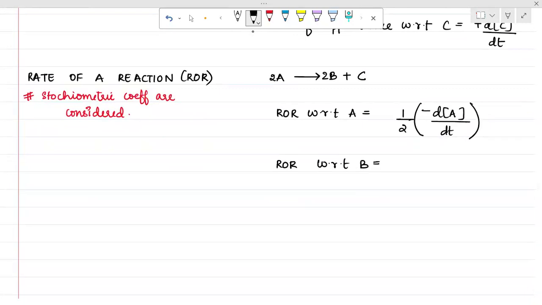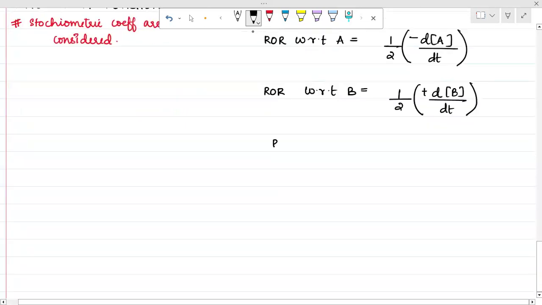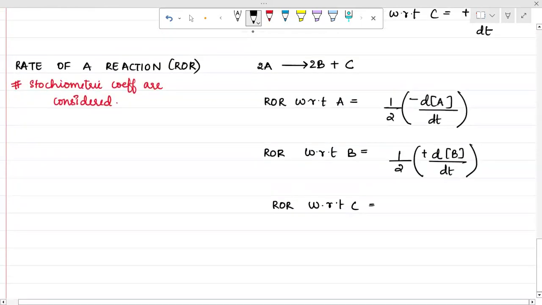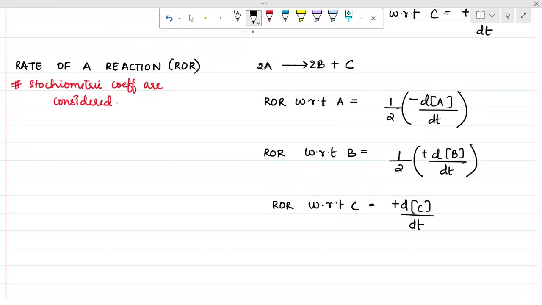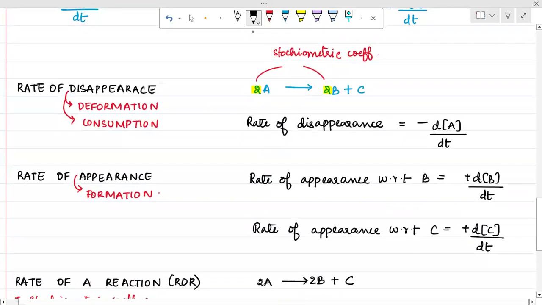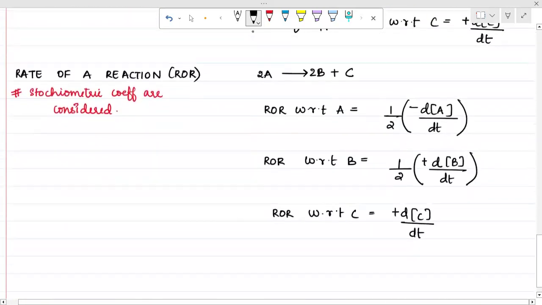Rate of reaction with respect to B, you take the reciprocal of the coefficient, and being the product, you will put plus changes in the concentration of B with respect to time. Rate of reaction with respect to C, the stoichiometric coefficient is 1. So it's just plus changes in the concentration of C with time. I hope you have got the understanding of what is the difference between rate of disappearance, rate of appearance, and rate of reaction.